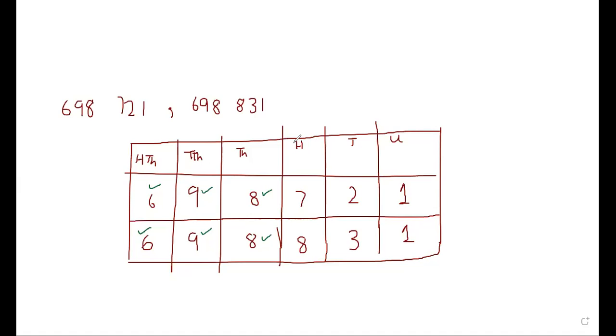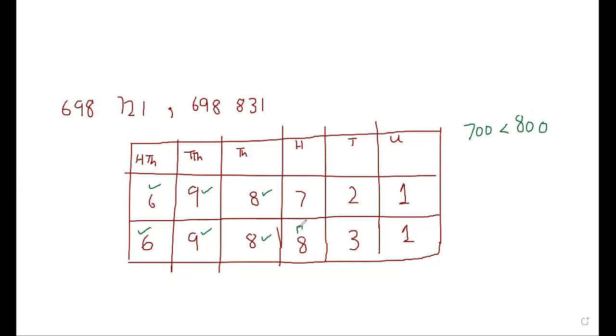Now come to the 100 value, that is 7 and here is 8. This is 700 and this is 800. As we know that 700 is smaller than 800. So you can find the difference, where the difference comes. Now, which one is bigger?